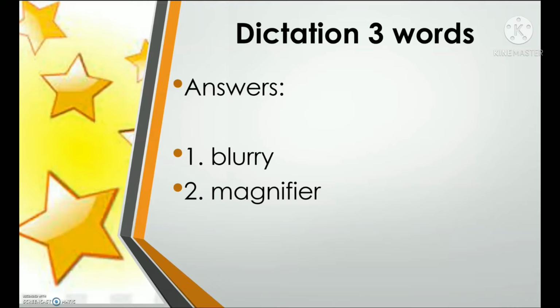M-A-G-N-I-F-I-E-R. Magnifier. Next, number 3. Vision. V-I-S-I-O-N. Vision. Very good.